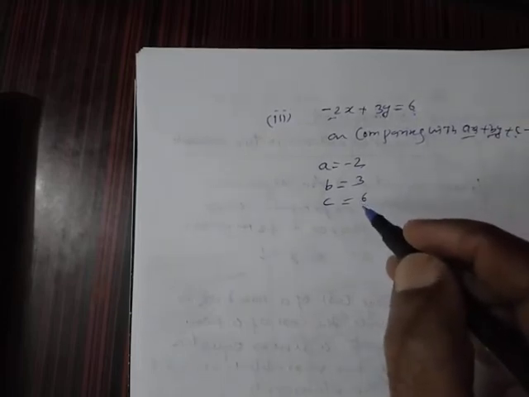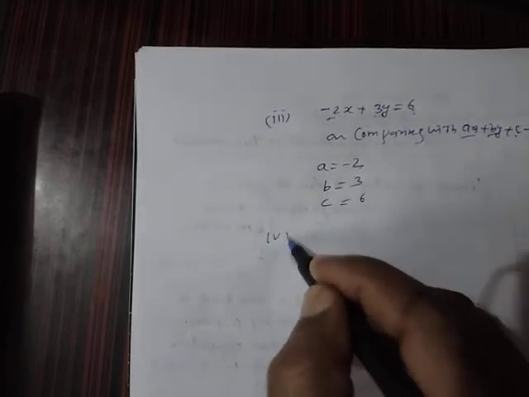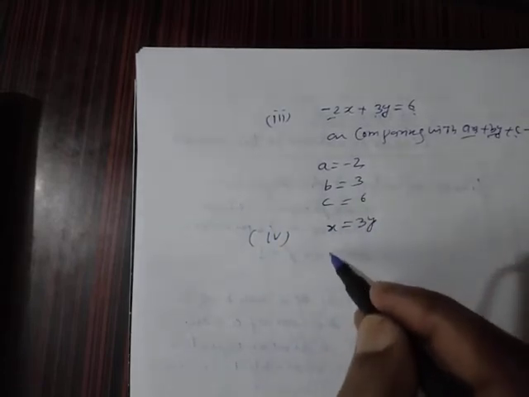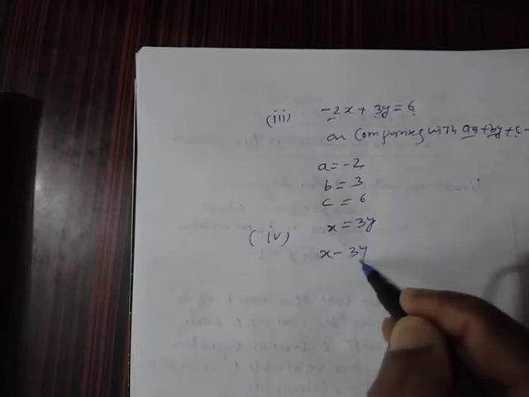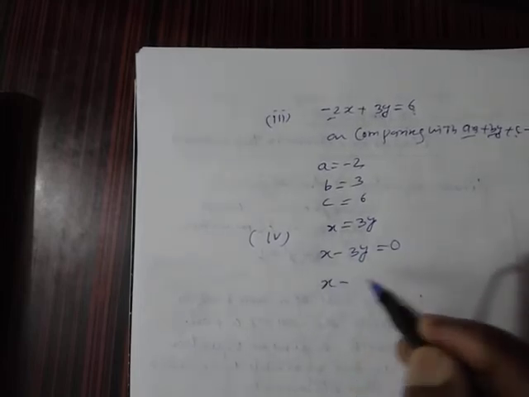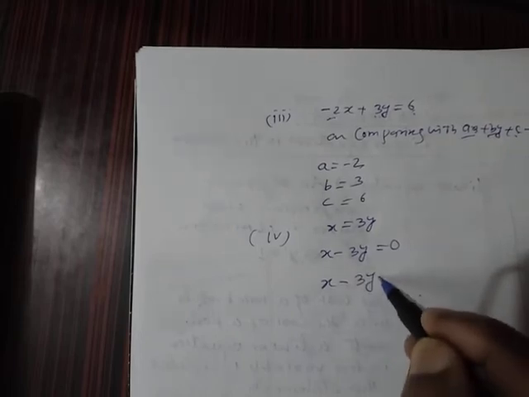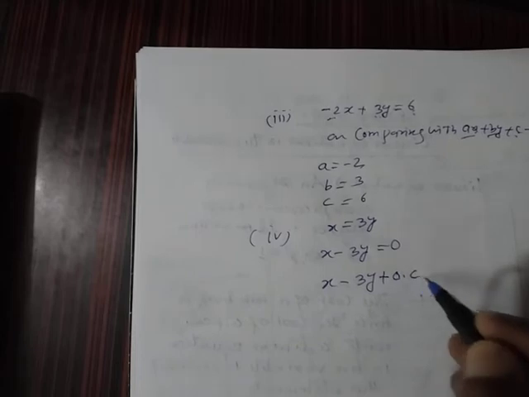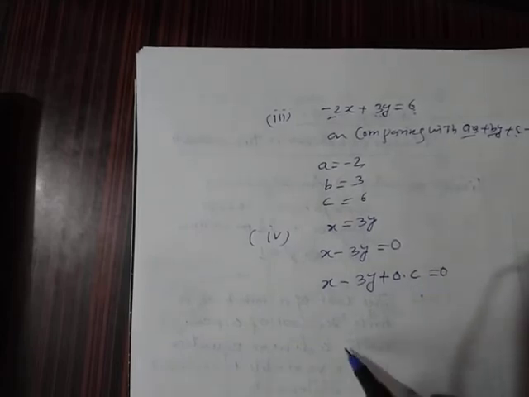Okay. Now fourth part, x is equal to 3y. First you write x minus 3y equal to 0. x minus 3y plus 0 into c you can write. Okay.